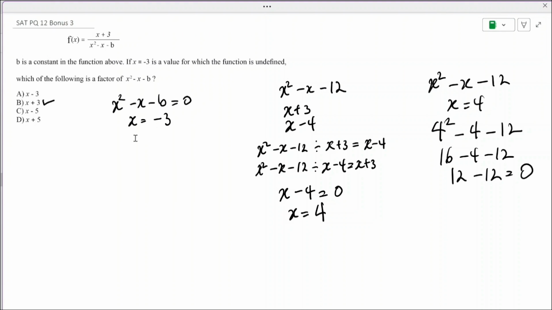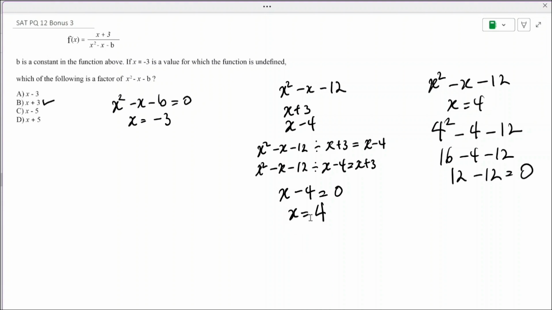That means if you take x as -3, the denominator will be 0. And note that the denominator is same as the expression we're told to find the factor of. And you know, when you take a value for x and insert it into the equation and it results to 0, that value for x can be used to create a factor. Based on this, where we equated the factor to 0 and get the x value for it.